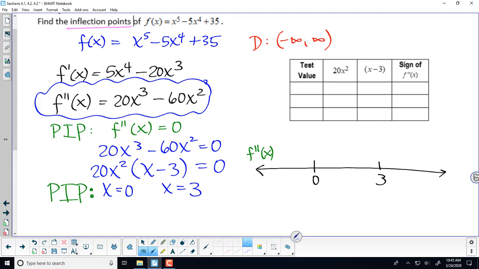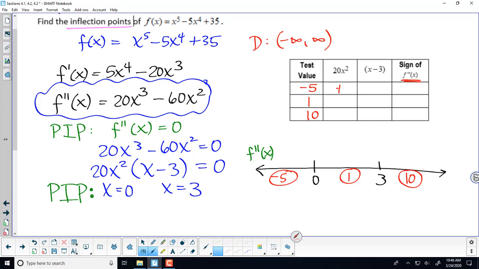You could set up a similar chart, but now we're looking for the sign of the second derivative. Choose a test value in each interval: -5, 1, 10, whatever you want. I'm testing -5, 1, and 10.